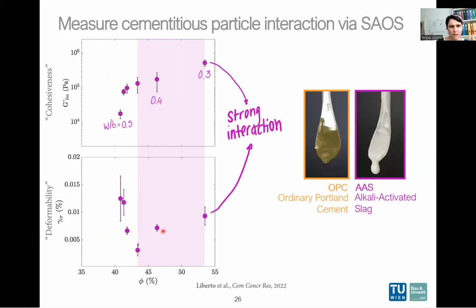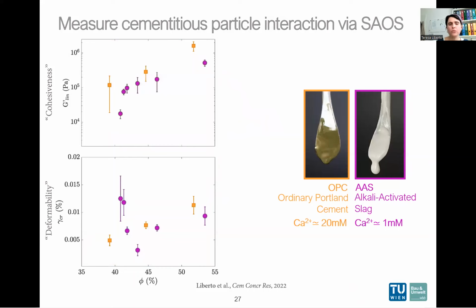Both, in fact, increase here, while below we have that an increase in the linear storage modulus corresponds to a decrease in the critical strain. And this is mostly due to the amount of calcium ions that we have in the pore solution. On one side, for OPC we have circa 20 millimolar, and on the other side, for alkali activated slag, we have circa 1 millimolar.